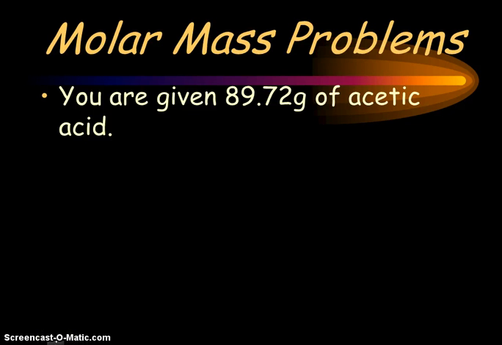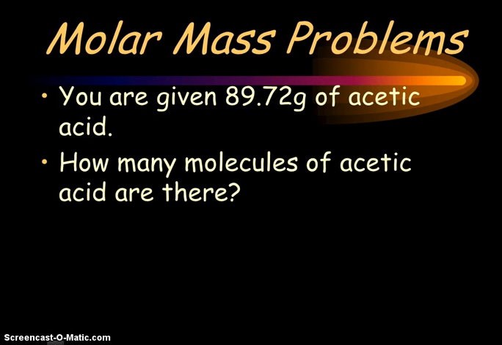So now let's do a factor labeling problem with acetic acid. Let's say that you're given 89.72 grams of acetic acid, and we want to find out how many molecules there are. All right, well, we have grams and we want molecules. So we're going to have to do a factor labeling problem.